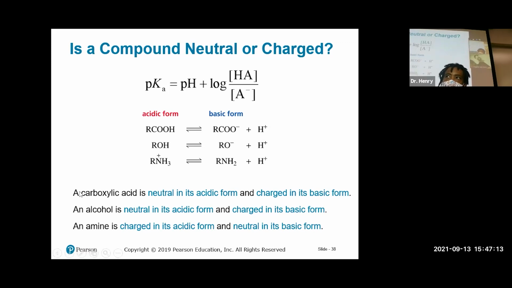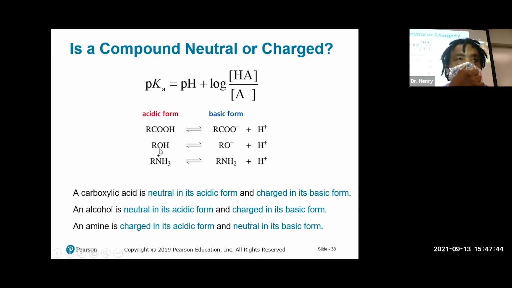So it says the carboxylic acid is neutral in its acidic form. That basically means that when you're an acid, you have the hydrogen attached to this oxygen, giving you a total neutral charge. Hence, carboxylic acid in that form. Alcohols are neutral in their acidic form.